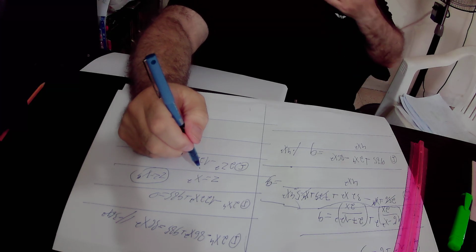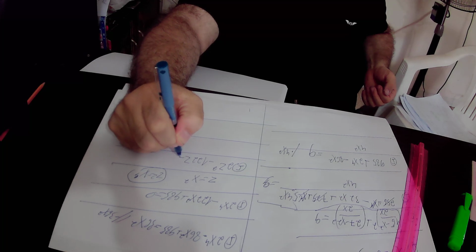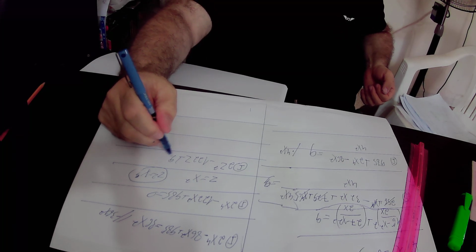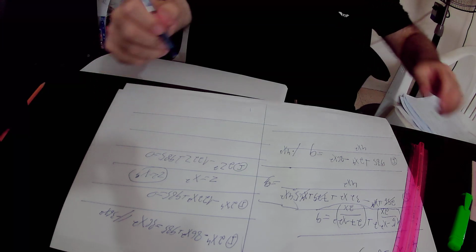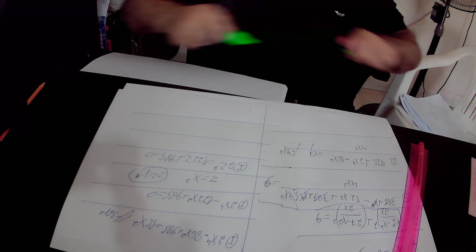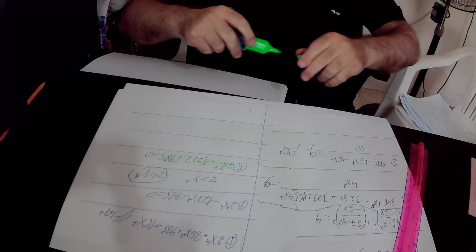X squared is z, so we substitute x squared by z here, plus 985 equals 0. So we have here a quadratic equation, 2 times z squared minus 122z plus 985 equals 0.